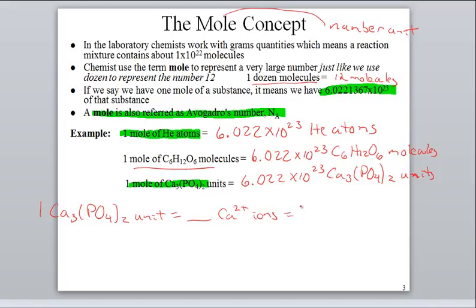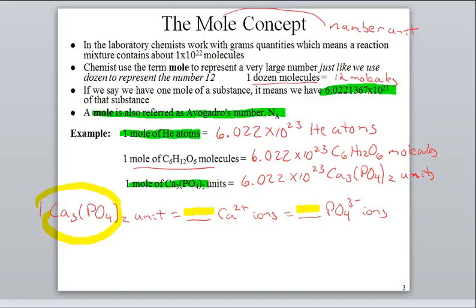You could also say, per unit, how many anions are present, how many phosphate 3 negative ions are present. Look at the compound, pause the video, look at this compound, and fill in these numbers. So pause the video, unpause when you plug in the numbers.